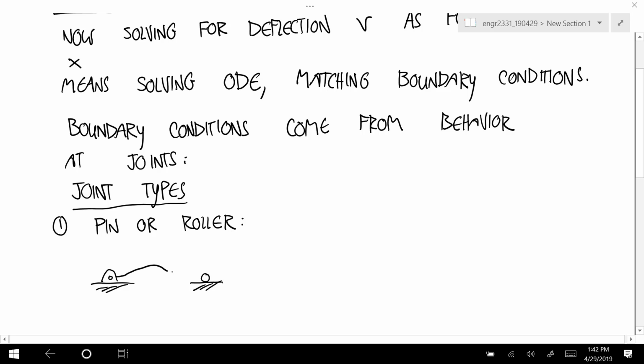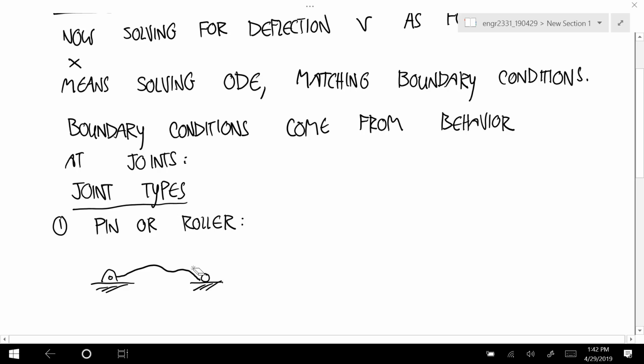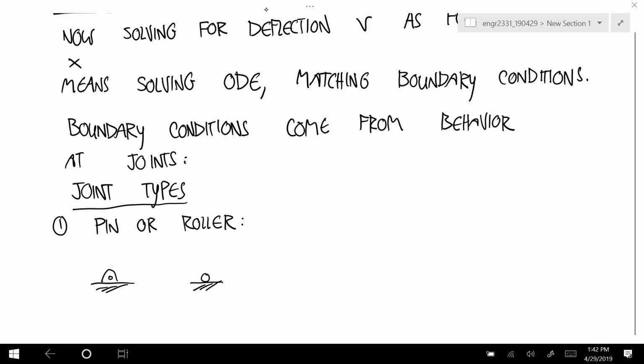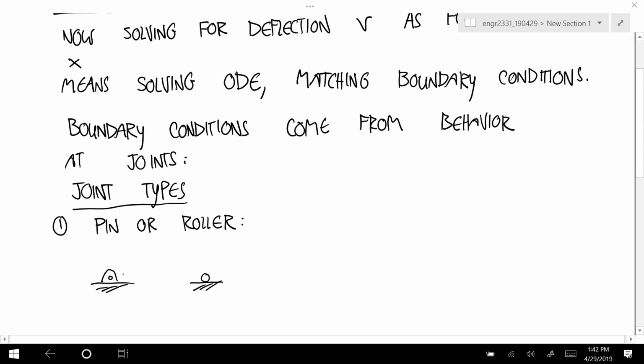The beam can do all sorts of wacky stuff. Not that wacky. So the only restrictions on what it can do are that the pin keeps it from having any deflection there, and the roller keeps it from having any deflection there.